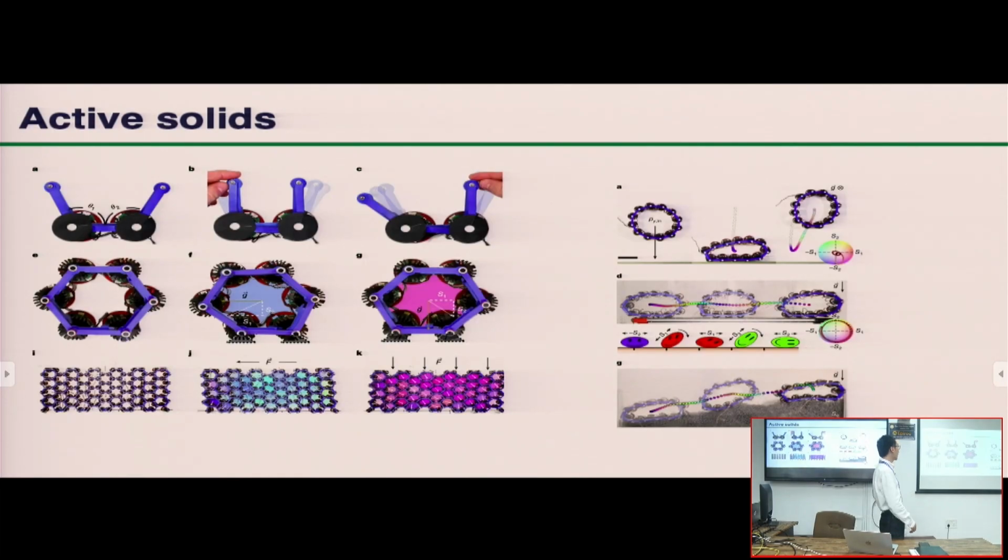Okay, so there are other things. You can make active solids. Here you have these arms, but they're connected with a motor that can actuate these arms. So you can form these metamaterial structures, and they have locomotion. They can move around and they can climb these complex landscapes.